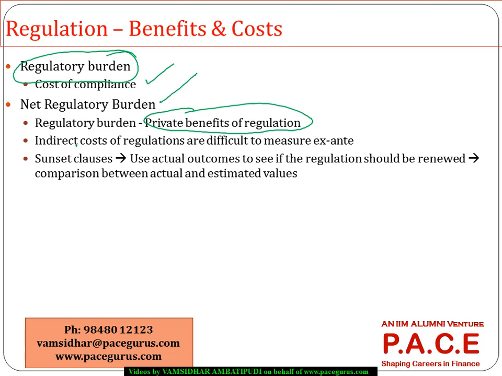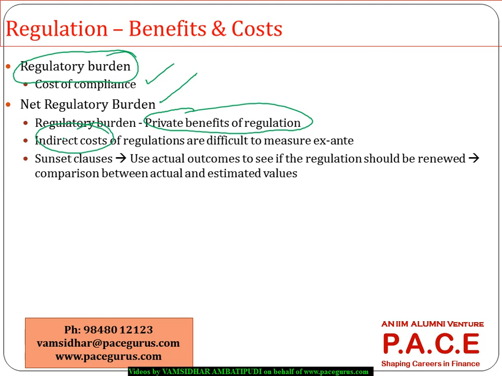But in this, even the indirect costs, not just the implementation costs, also need to be taken into consideration. Indirect cost is whatever cost could arise even in the future, or some kind of unintended consequences that may come up in the future.